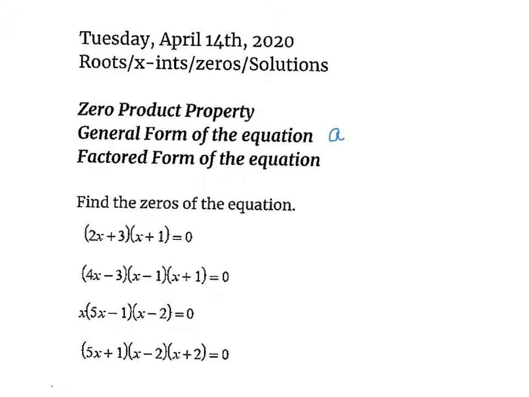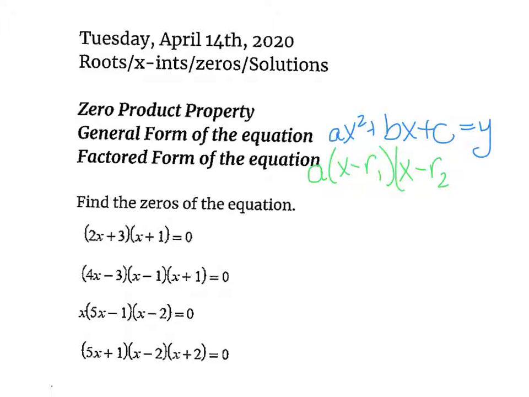That is ax squared plus bx plus c is equal to y. And the factored form of the equation is what you see down below, where you have a out front, times x minus r sub 1, which means the first root, times x minus r sub 2, which means the second root, is equal to y.